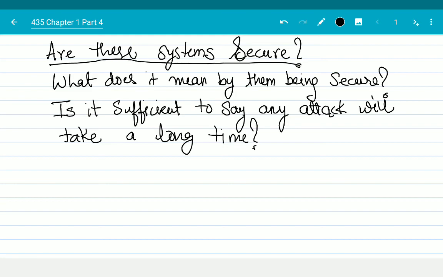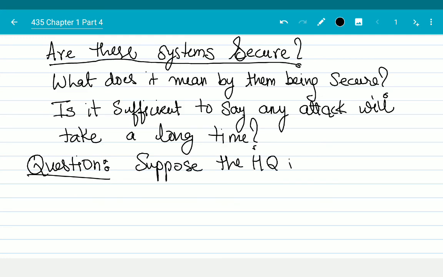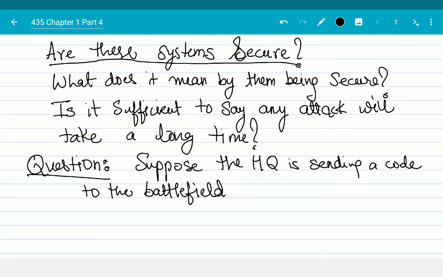But think of it this way. Question. Suppose the headquarters, the HQ, is sending a code to the battlefield front lines.